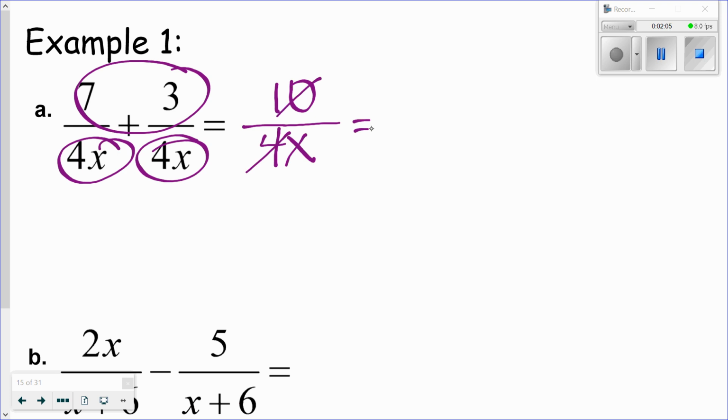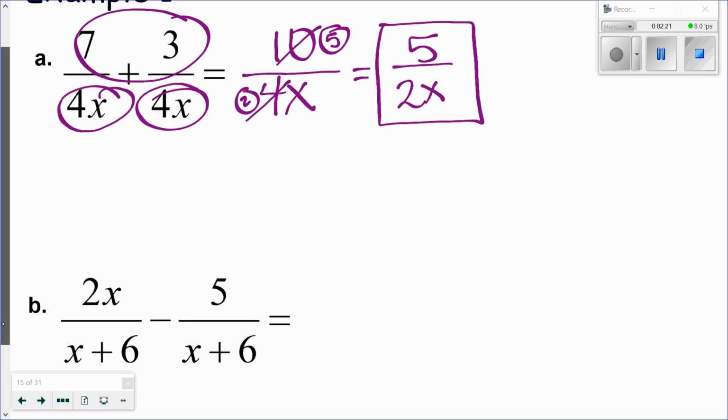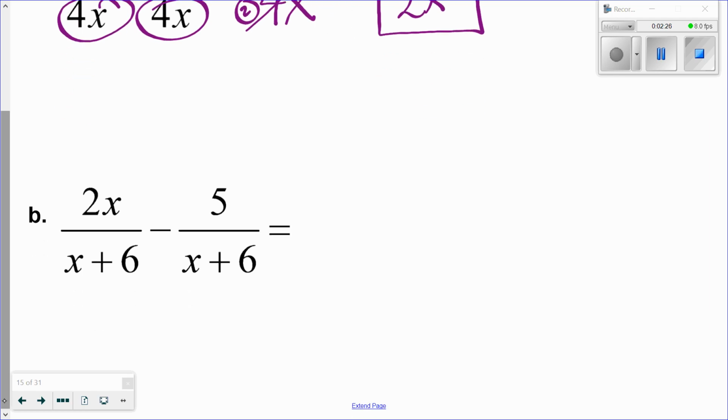Let's simplify 10/4. 2 goes into both of them, leaving you with a 5 and a 2. So we have 5/2x. Adding and subtracting can be complicated enough, so we're not going to say what the denominator can't be equal to. We're just going to stop there for today.